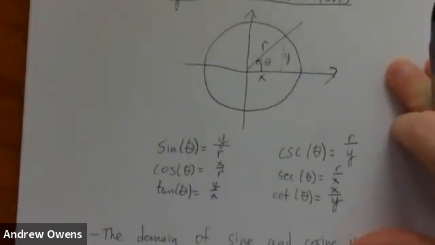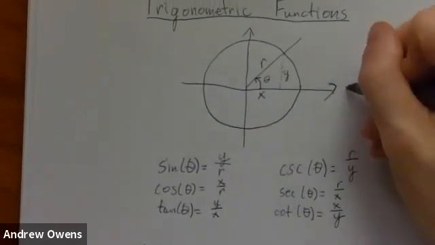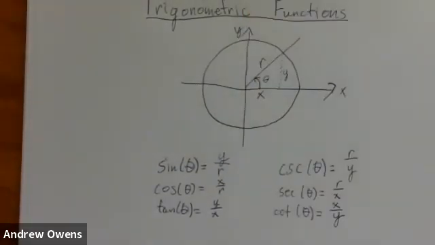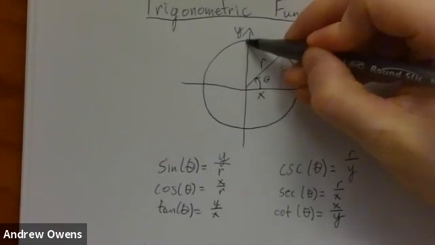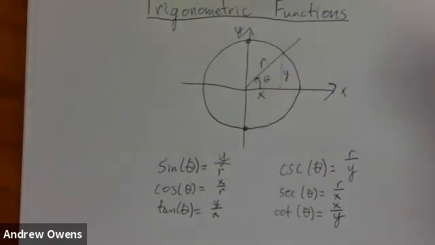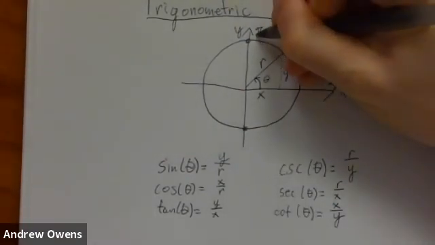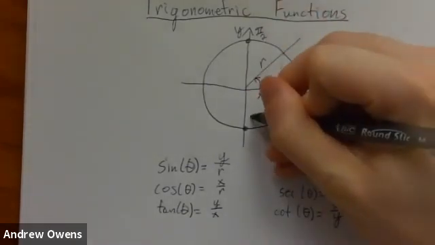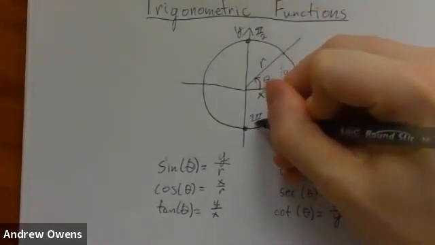If we look at our picture, then x is 0 here and here, which occurs at pi over 2 and 3 pi over 2.